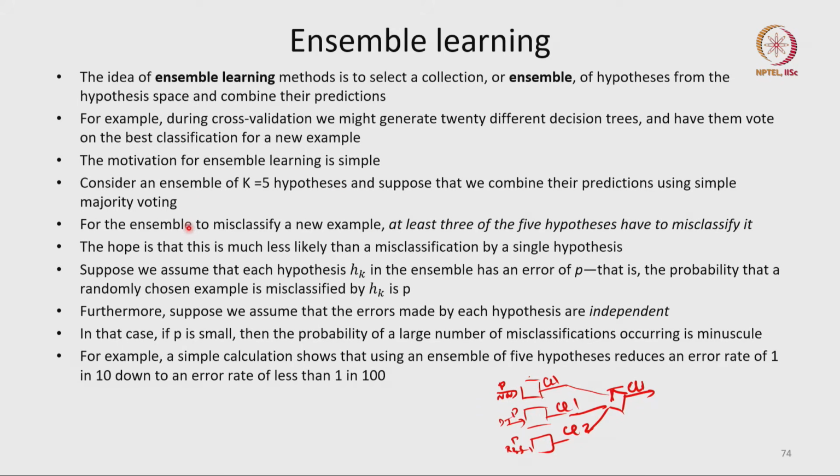And for the ensemble to misclassify a new example, at least 3 of the 5 hypotheses have to misclassify it, right. So, obviously, that is less likely than a misclassification by a single hypothesis. Okay. So, because of that you get much better results when you use ensemble learning.